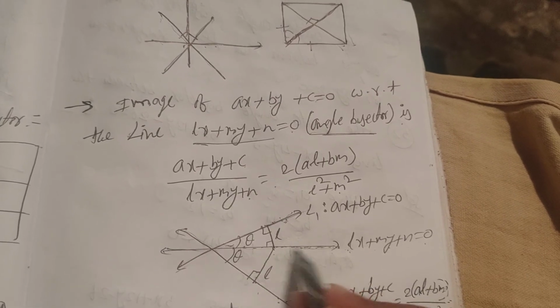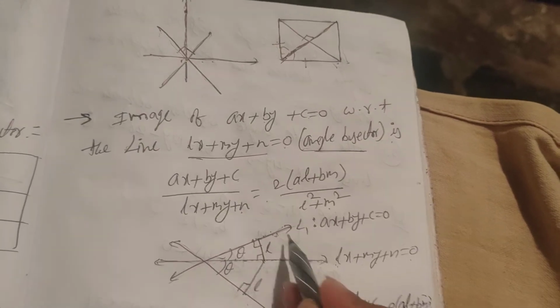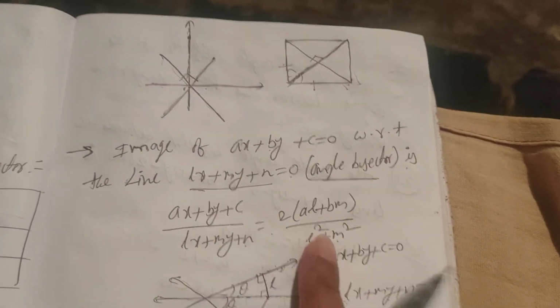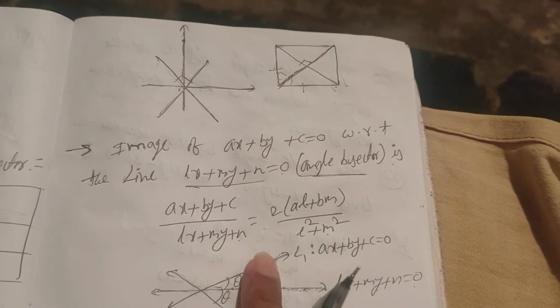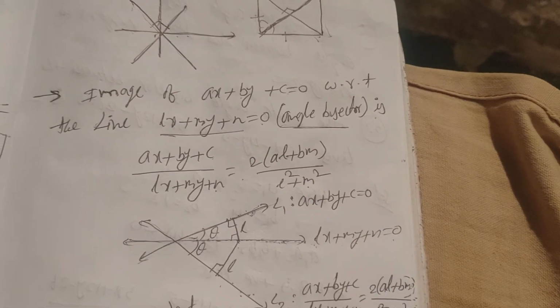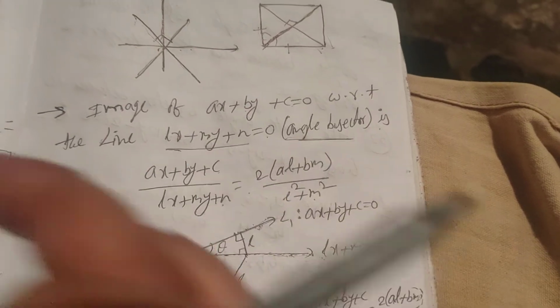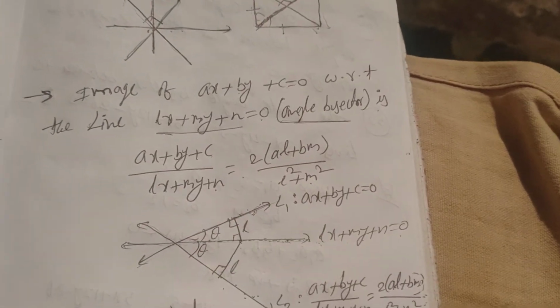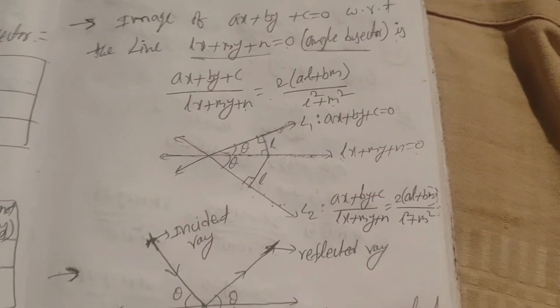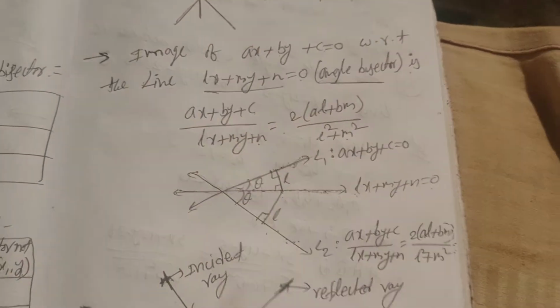So wherever you take it, this line is the angle bisector of these two lines. Based on that angle bisector concept, you get this answer for this image. If you apply the angle bisector concept that I explained, you get the answer. Here the proof is not important but the formula is important.